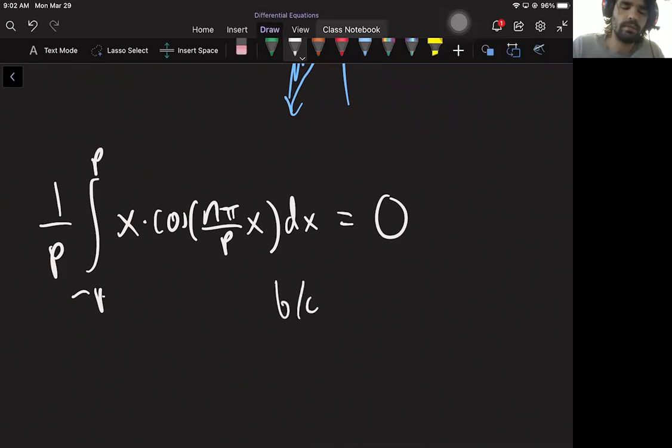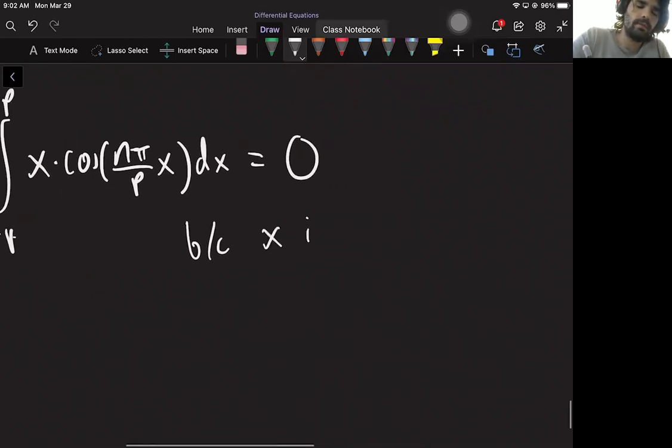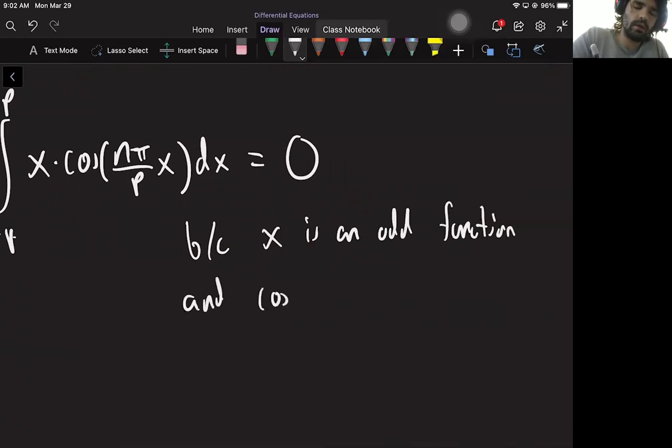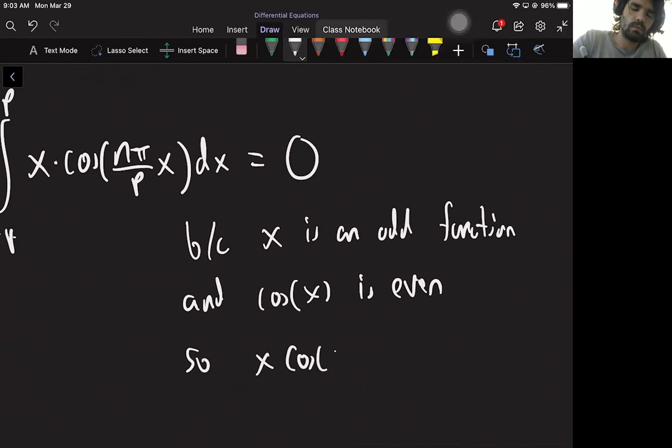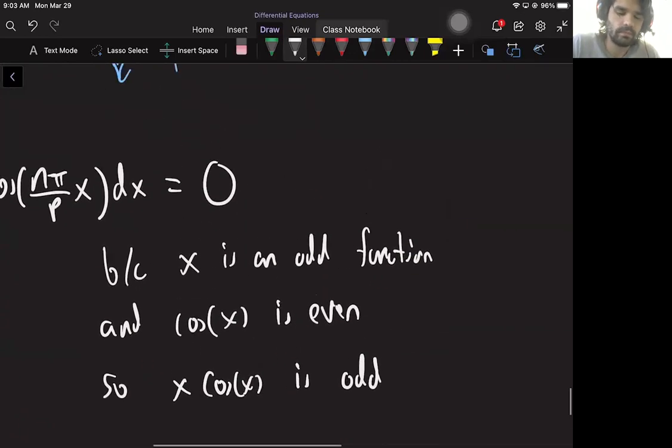And it's because x is odd and cosine of x is even. So together, this is odd. So how do I know this without drawing it? Because I said it's about symmetry.